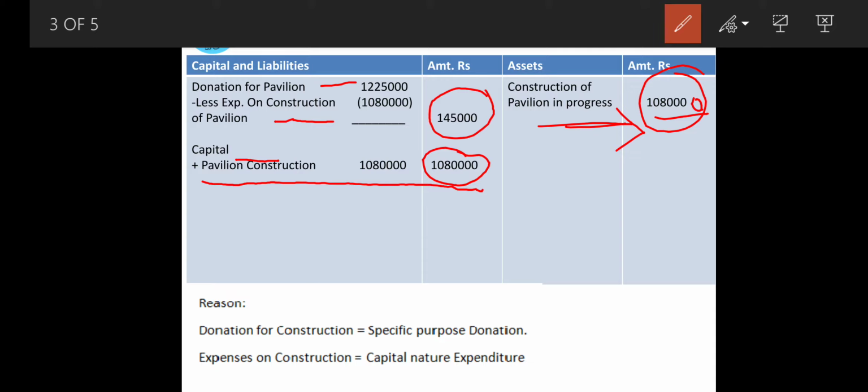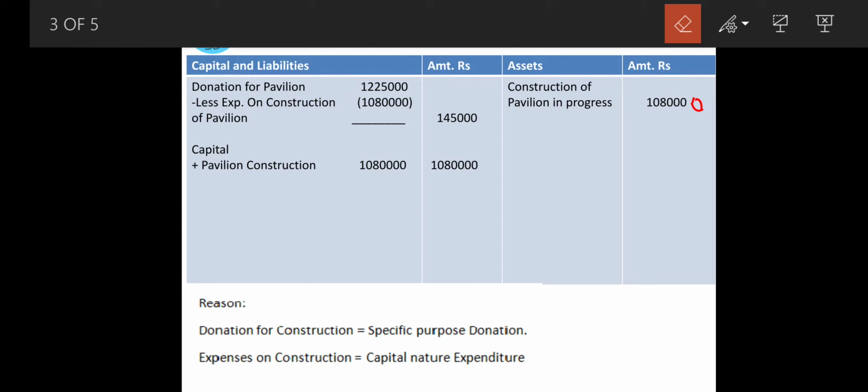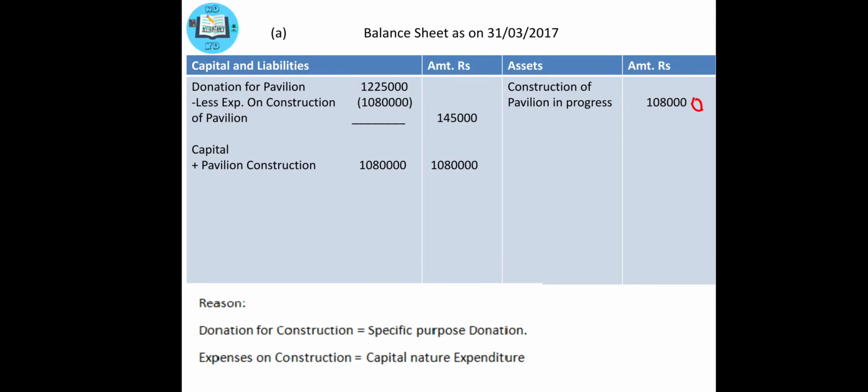So it is implied that whatever donation you have received, it is for a specific purpose, so it is to be shown in the capital fund also by adding that, because it is a part of general donation with the specific. So from specific we have taken out, so it will be treated as general donation, so it is to be added in capital fund.